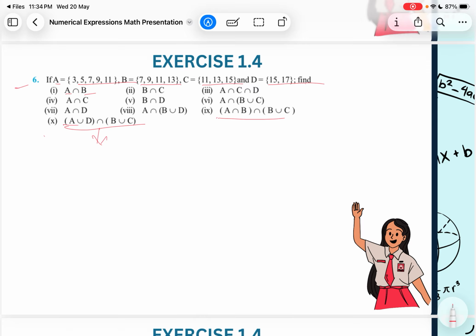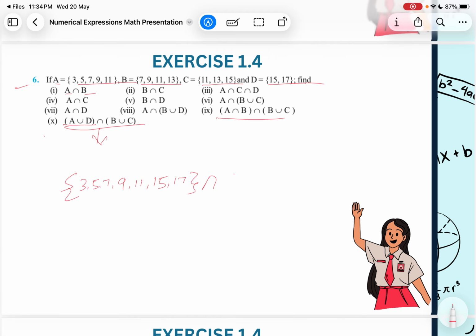Okay, so we have to first find A union D. So we write all the elements of A: 3, 5, 7, 9 and 11. Now D has 15 and 17, so 15, 17, right?